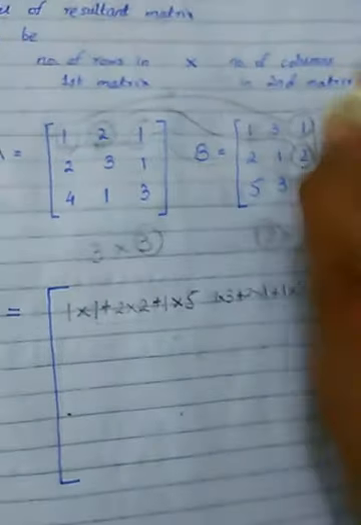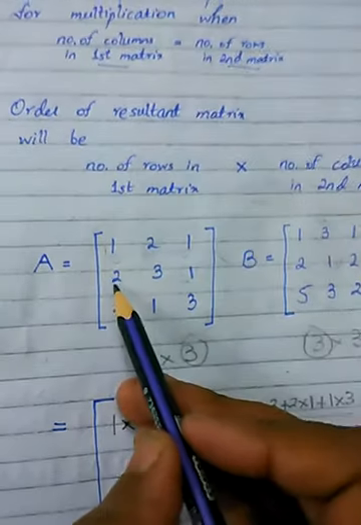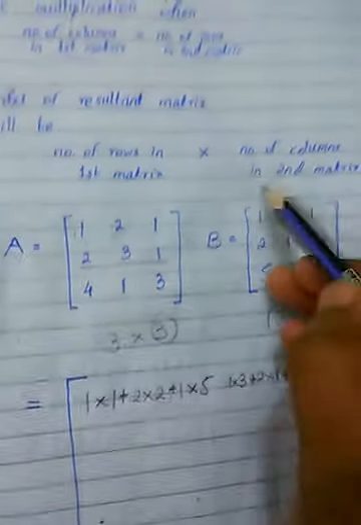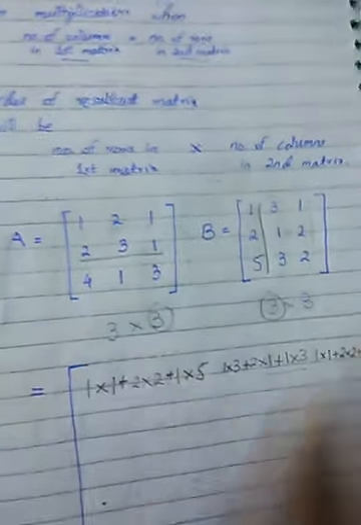Now we will go to the second row. We will rub it. Now the second row will get multiplied by the first column, then the second row with the second column, then the second row with the third column.